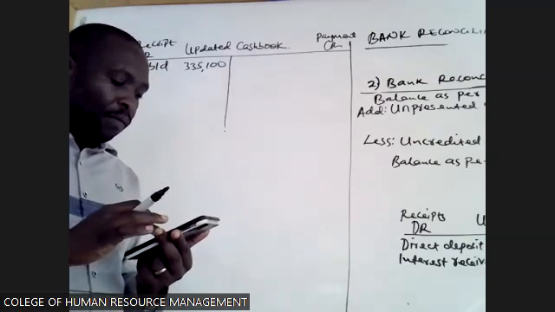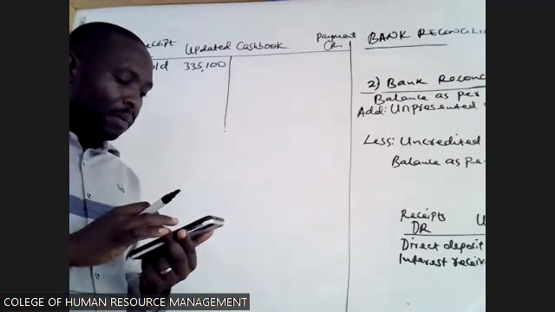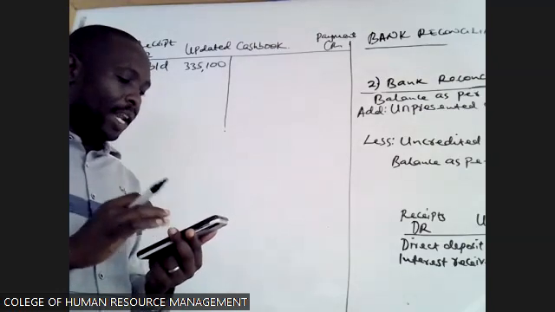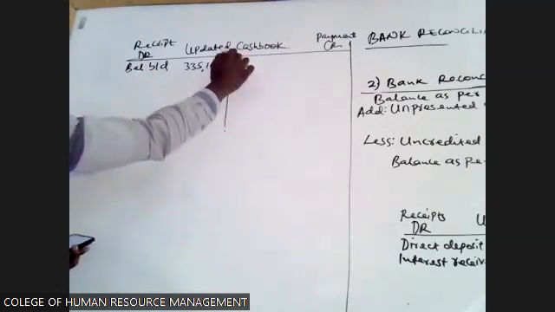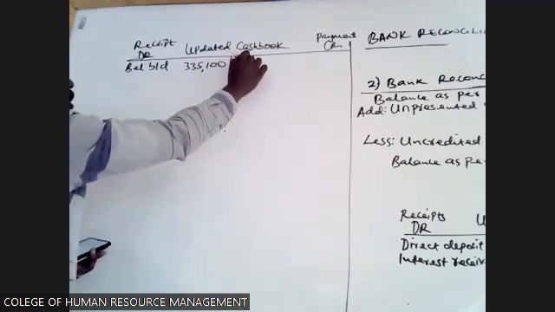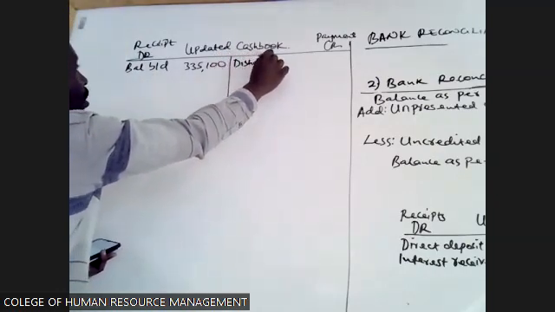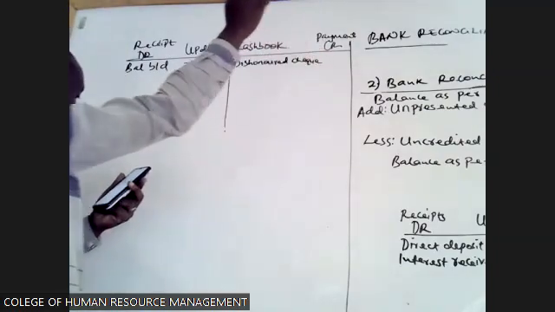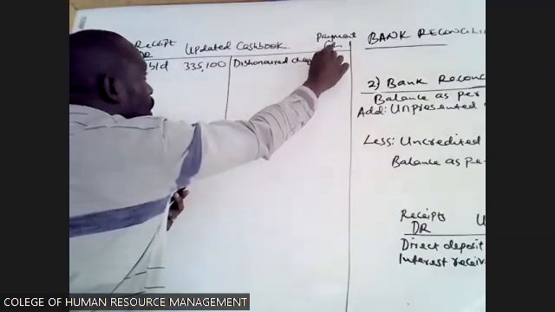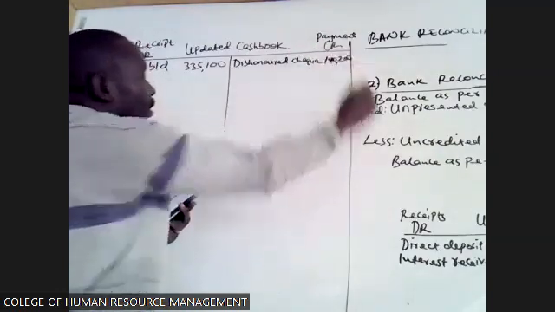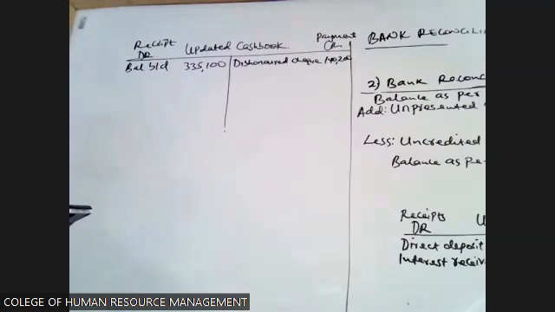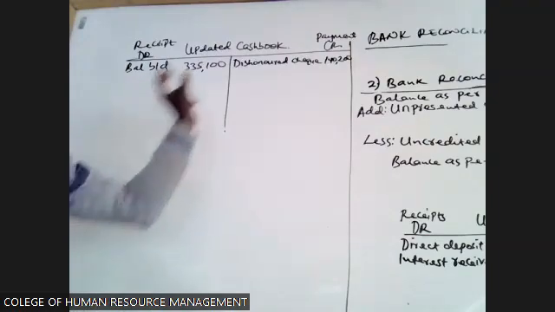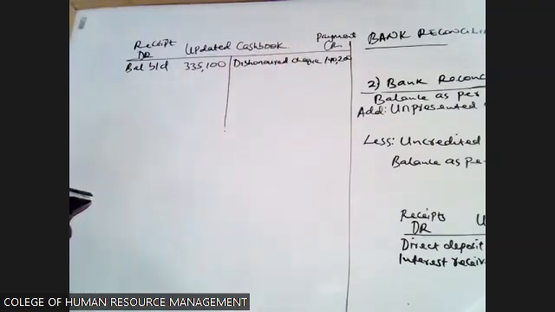Number 1, a check of 140,200 from a debtor had been dishonored by the bank. That is a dishonored check which you credit here. Dishonored check of 140,200. It was initially on the debit, now we are cancelling by crediting.